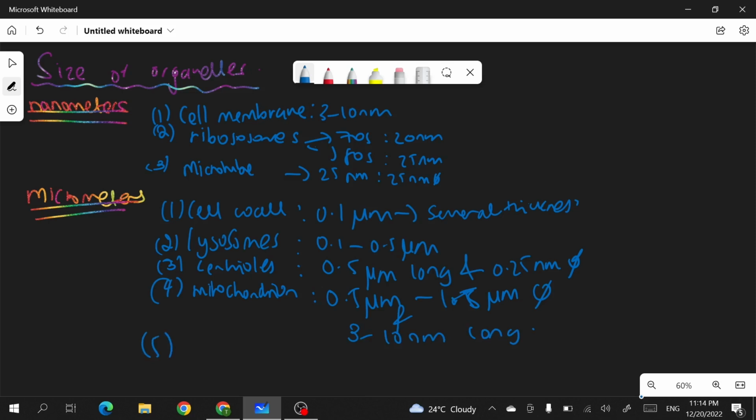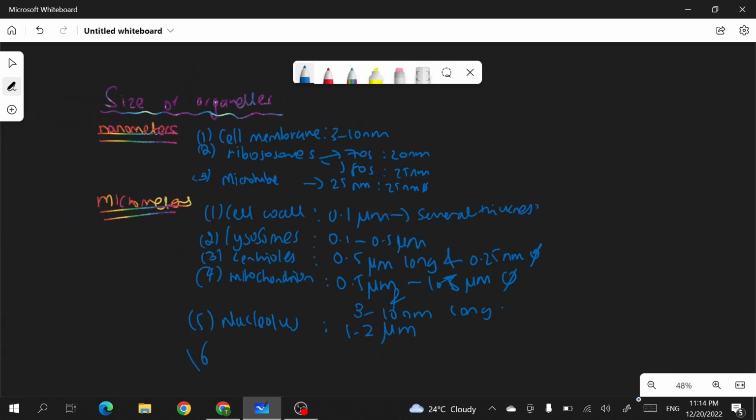Then you've got the nucleolus, 1 to 2 micrometers, and the Golgi, which is 1 to 3.